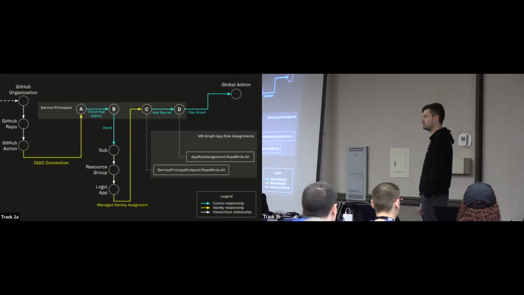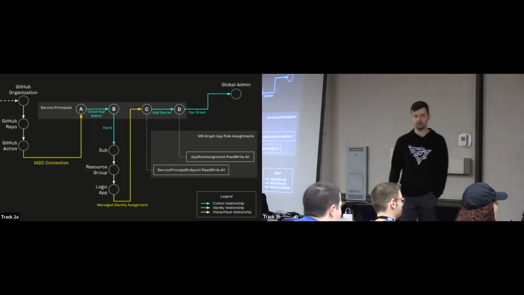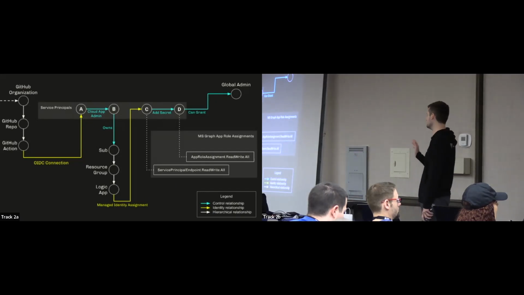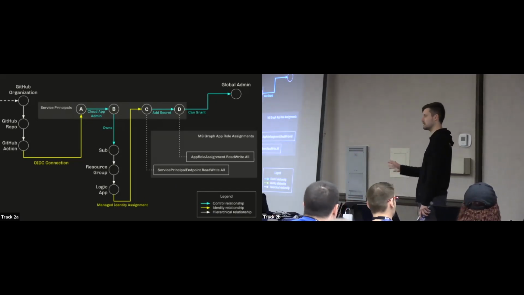And I want to say that there are things I can't say about this attack path right now because there's an MSRC case open for something in this image, let's say. So I can't show you one piece of this. Unfortunately, I apologize for that. I've never had to play this card before. It feels kind of weird.